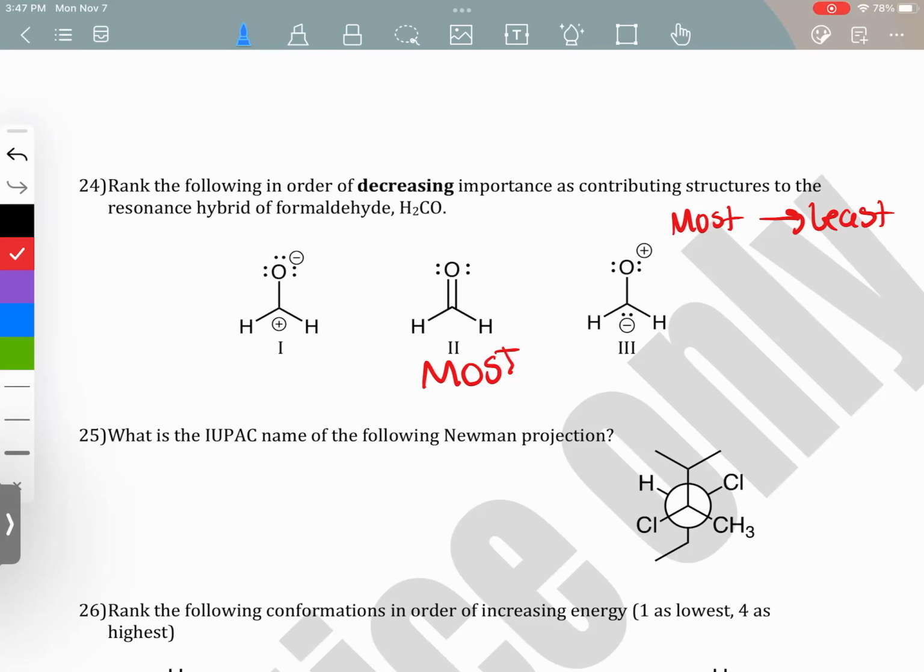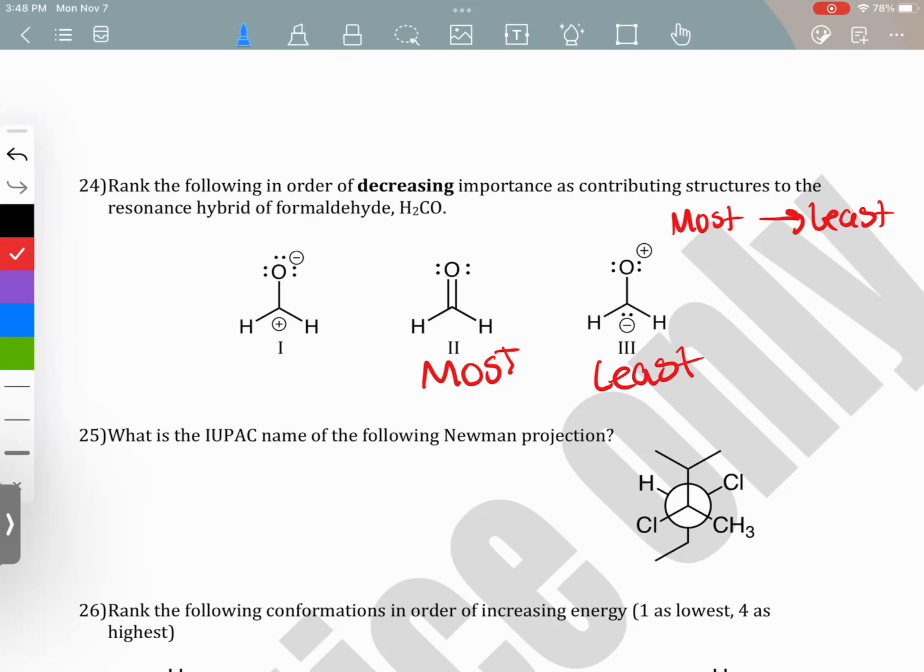Remember, oxygen is more electronegative, so it handles the negative charge better than the positive. The positive charge we always want to fall on the least electronegative part. So the least important one here would be 3.